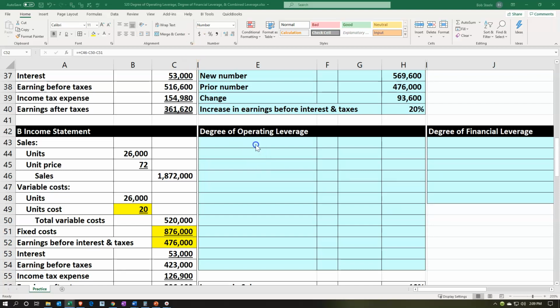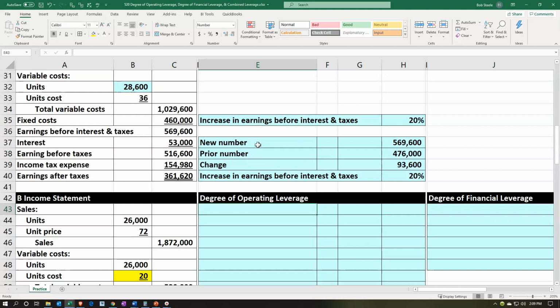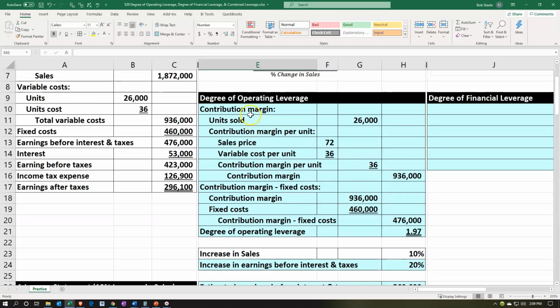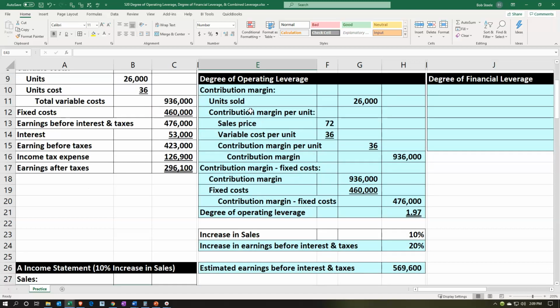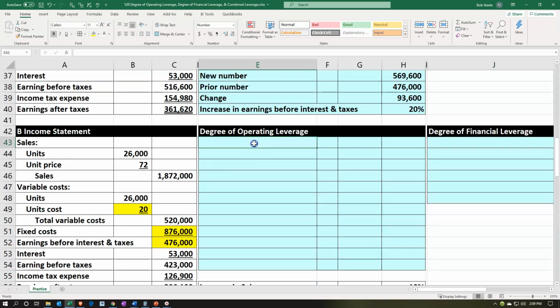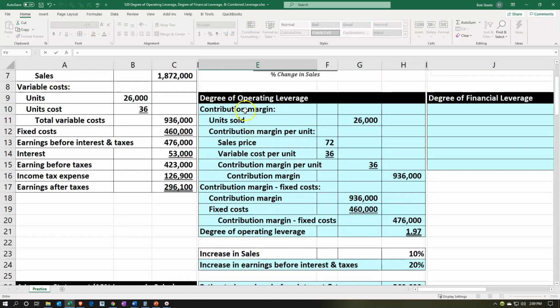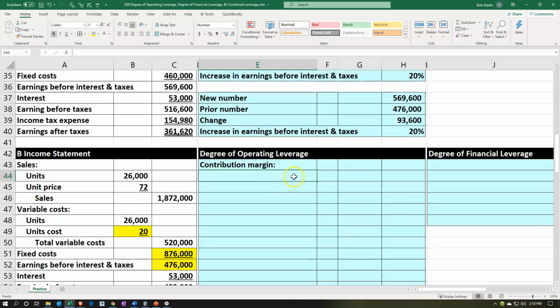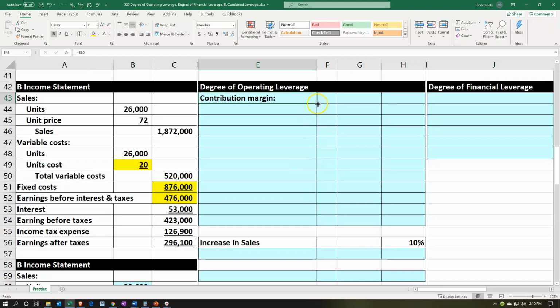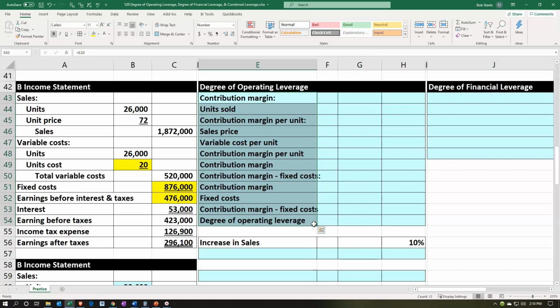So once again, we're going to use the same formula, and we can copy this from the formula up top. Let's go ahead and do that. I'm going to say this will be equal to the contribution margin. I'm going to say enter, and then I'm going to copy the formula down. I'll take that first cell, put my cursor on the fill handle, and drag it all the way down so that now we have a formula.